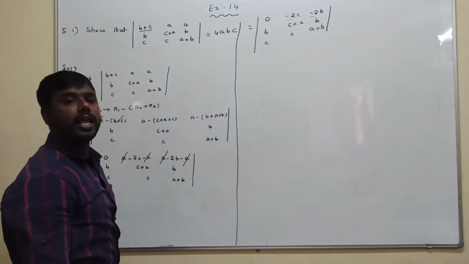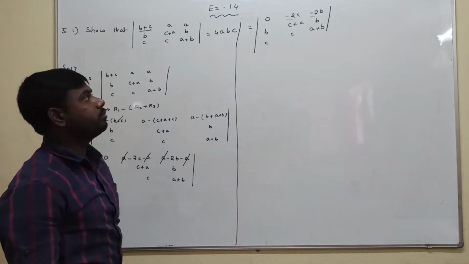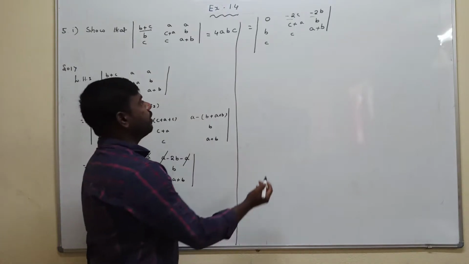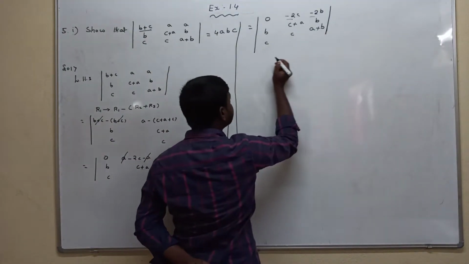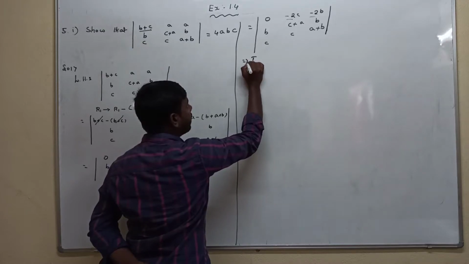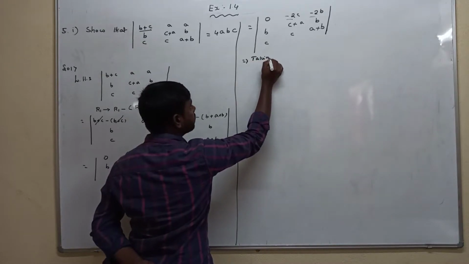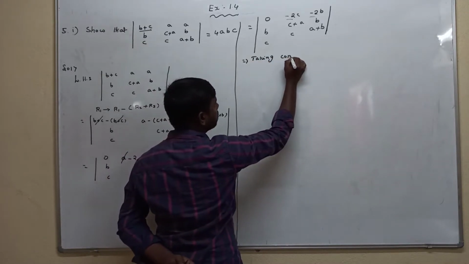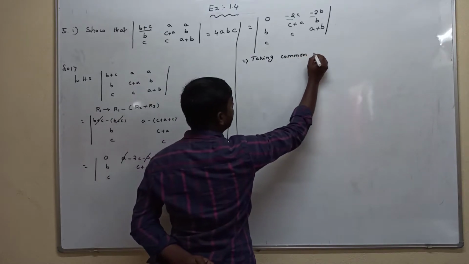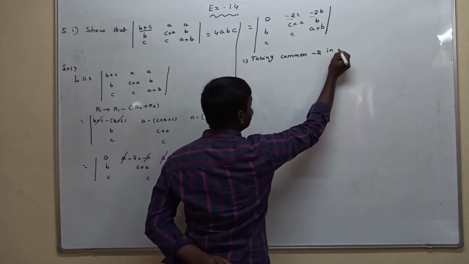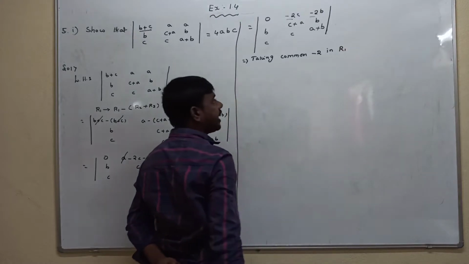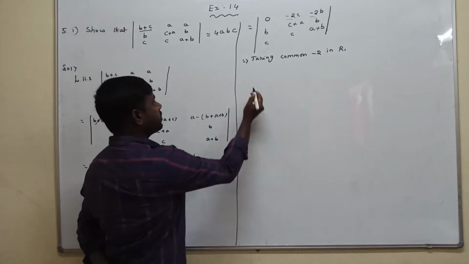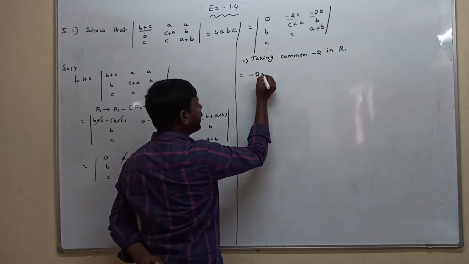That's why we take minus 2 common in the first row, and write minus 2 outside.